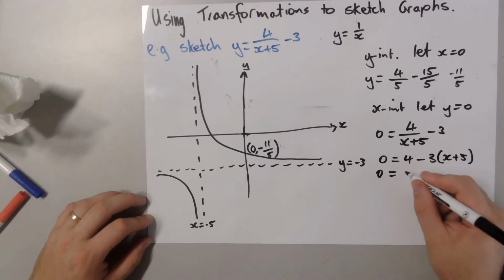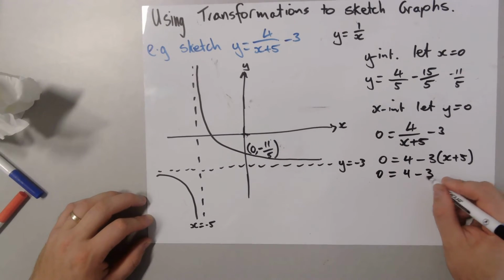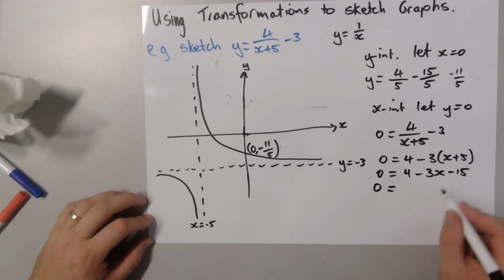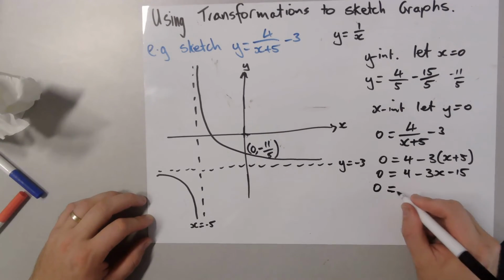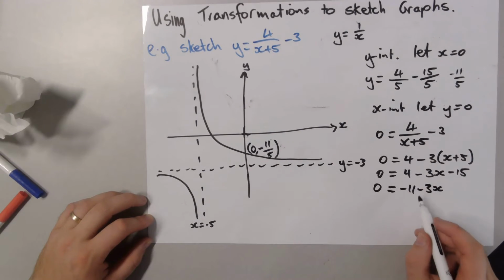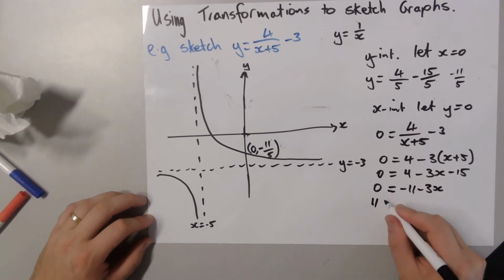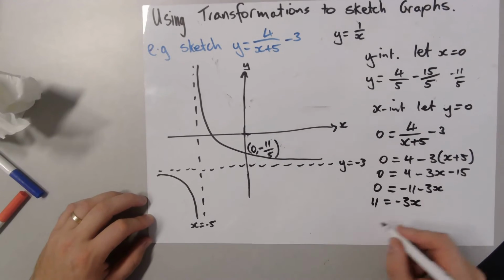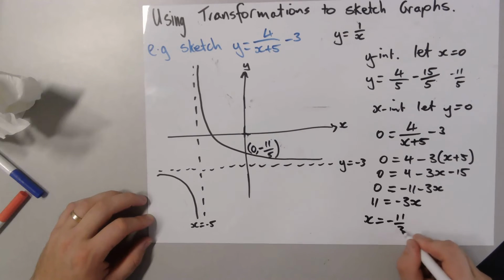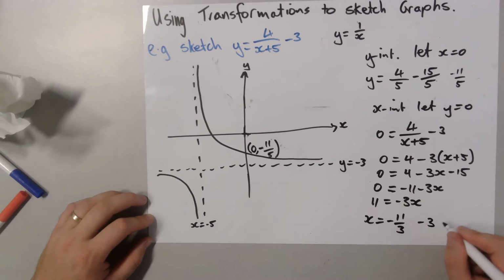Expand those brackets: 4 minus 3x take 15. 0 equals 4 minus 15, which is -11, take 3x. We're going to add on our 11. 11 equals -3x, so x equals -11 on 3, or -3 and 2/3.